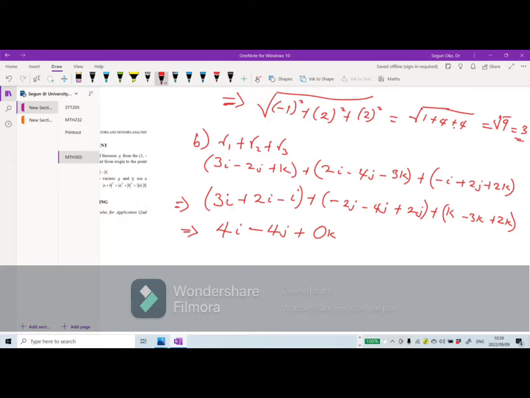Because you have to represent that 0, you have to put it there. Then we can go ahead now and find the absolute value using this method, which is 4i minus 4j plus 0k.